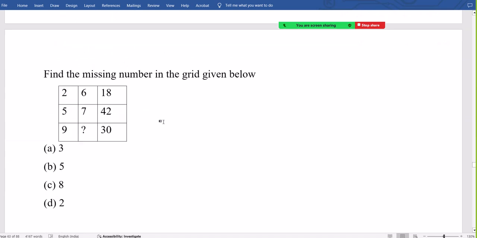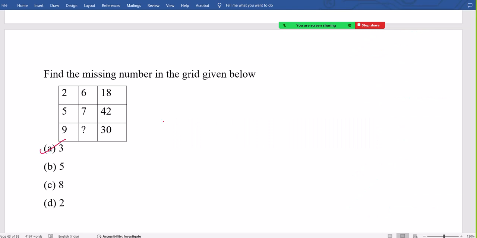Similarly, this one, yes, what's the answer? 3.